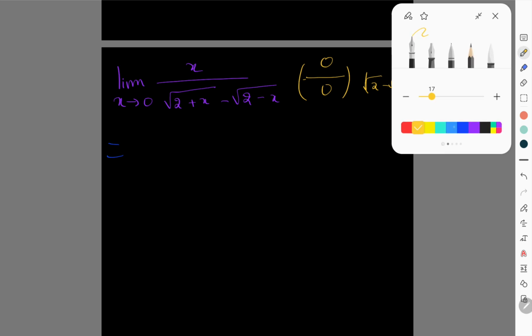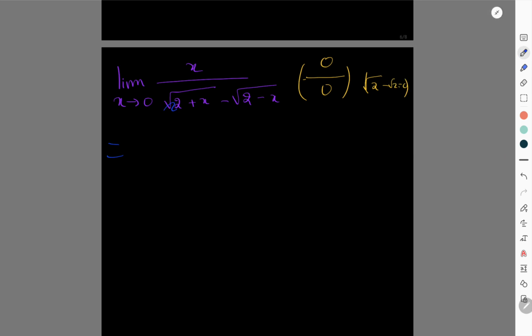Here, what's the best way of proceeding? It is to try to get rid of the square roots in the bottom. And how do I do that? It is to multiply top and bottom by root 2 plus x plus root 2 minus x.